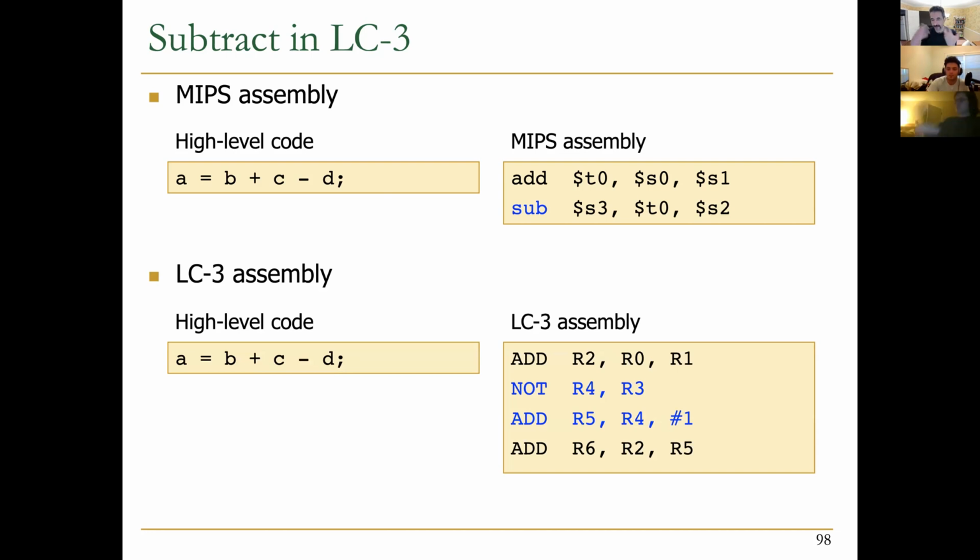Again, this is one other trade-off, right? It's easy, you guys know you can implement subtraction by adding and by using not, and you can transform the code into these 4 lines of assembly code in order to get the very same semantic of the high-level code.